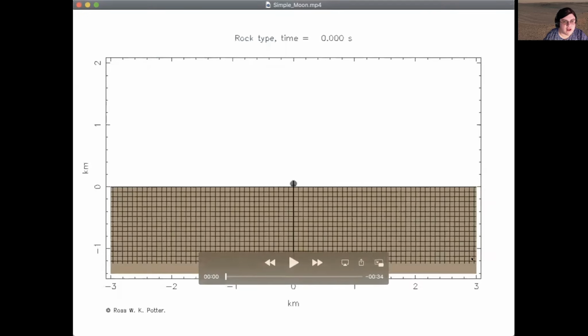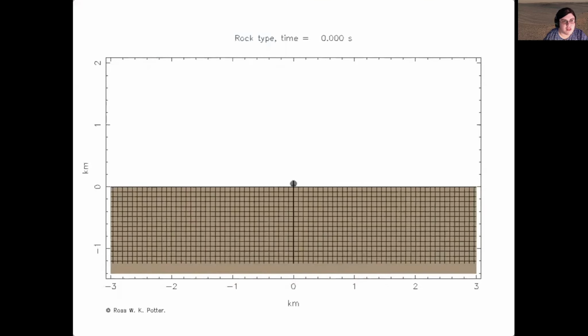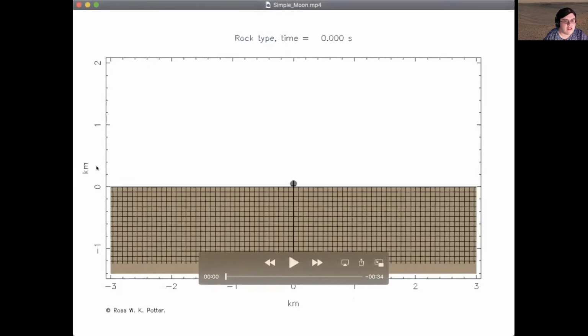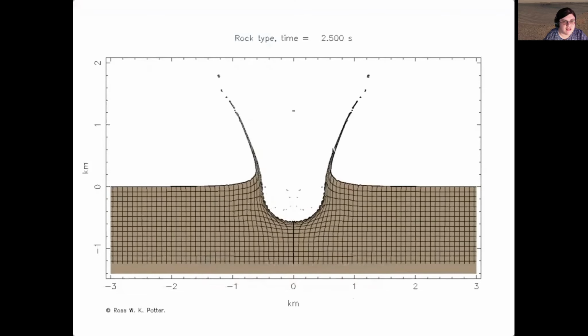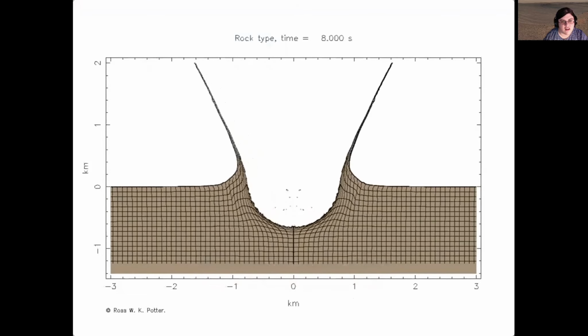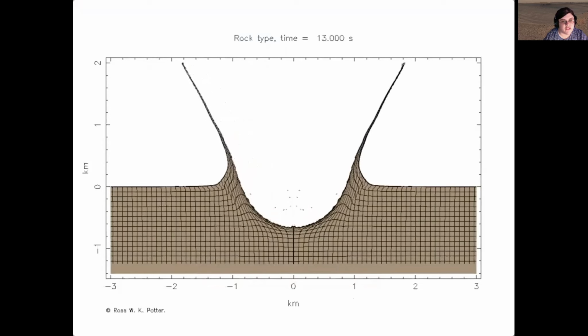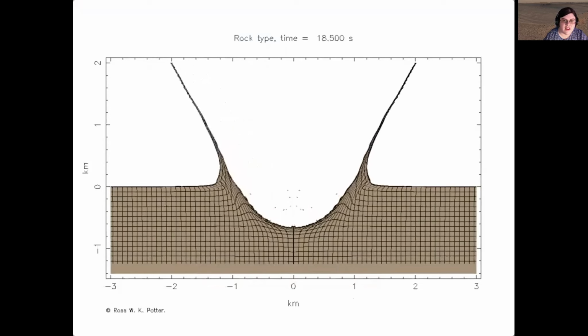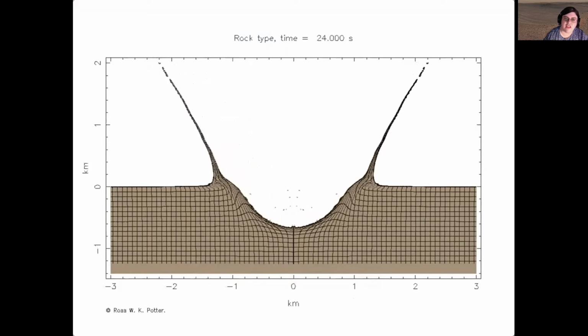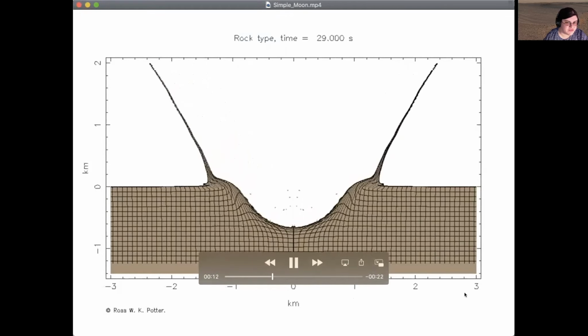So this is the crater. It's on the moon. You can see the impact, it's much smaller than 1 kilometer. Here's our scale. We hit play. We don't really see the first 2 stages, but we can see it excavating and see our lovely ejecta blanket.